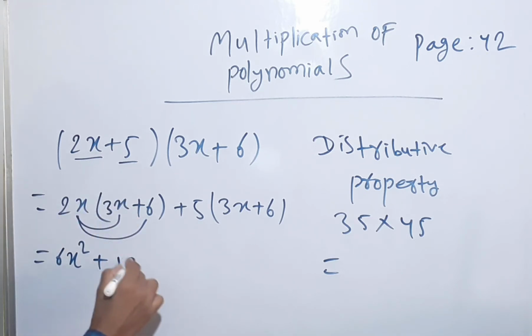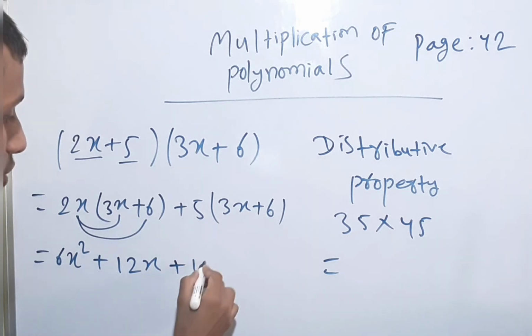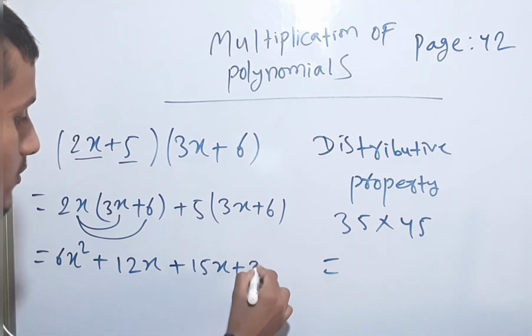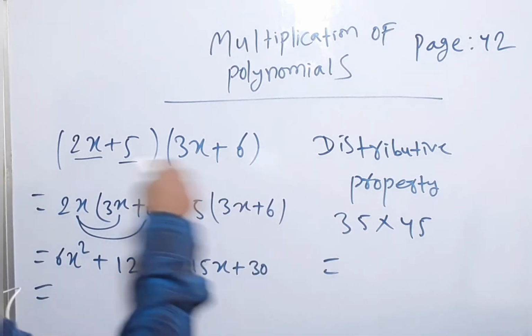Plus, if you solve this, you get 15x plus 30, because I multiplied 5 times 3x and 5 times 6 is 30. I hope you have comprehended this. It's pretty easy.